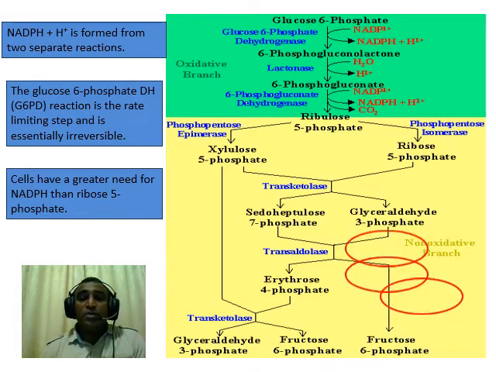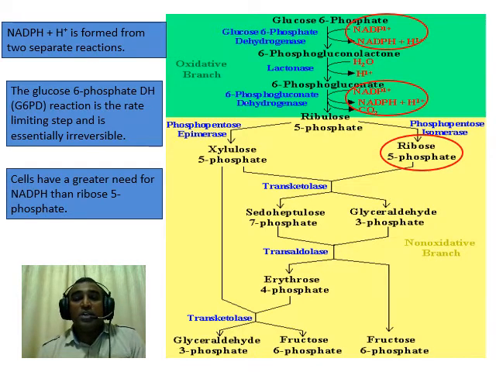In terms of the whole pathway, it is relevant in generating NADPH as well as ribose 5-phosphate. The oxidative phase has the rate-limiting step for the whole pathway itself, that is the first step, the glucose 6-phosphate dehydrogenase enzyme. And then the oxidative phase has 3 steps, 2 of which form NADPH.